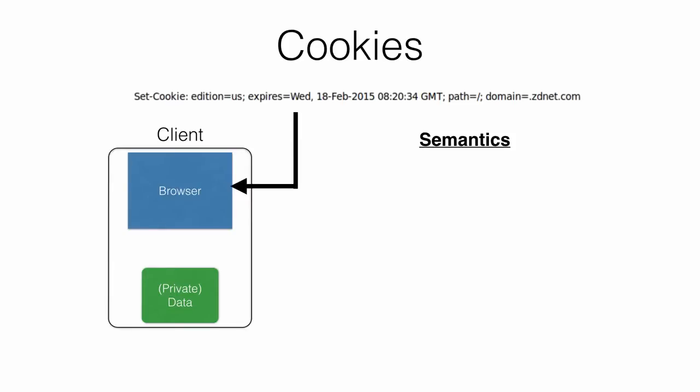So here on the client, it receives that HTTP response and it sees this Set-Cookie header, and now it's going to process it. The first thing it does is it says, well, the key is addition and the value is US.